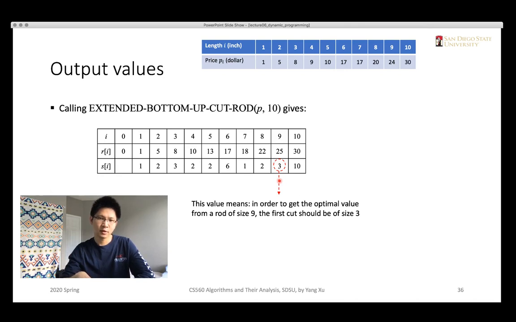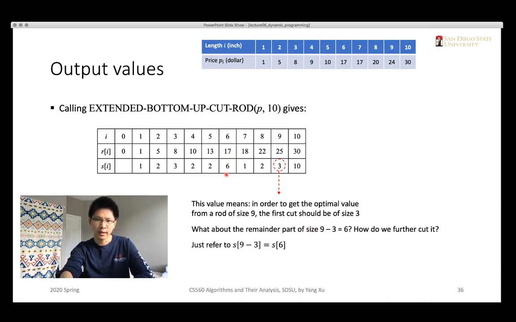So we first cut a piece of length 3. And what about the remainder? The length of the remainder is 9 minus 3, which is 6, right? Then we refer to the table again to see what S of 6 is. It tells us that S of 6 is 6, which means we keep the remainder of length 6 as a whole.